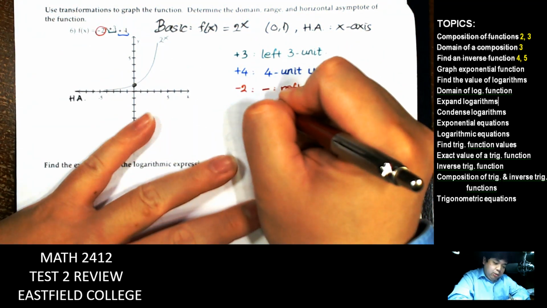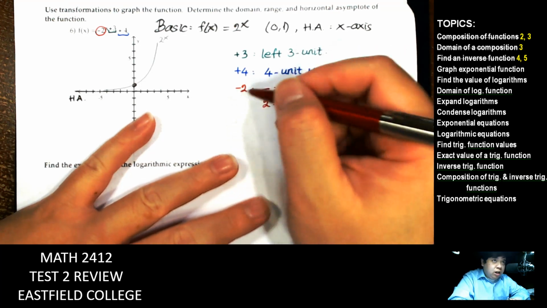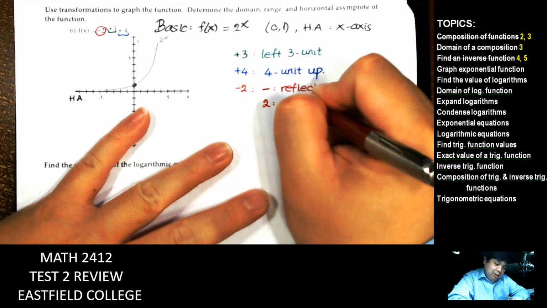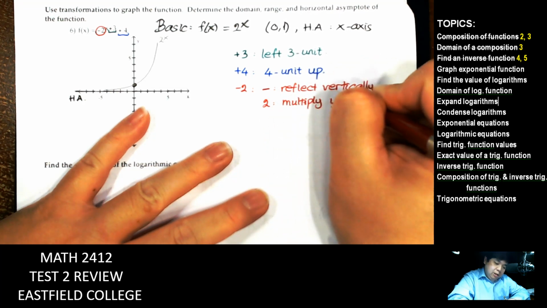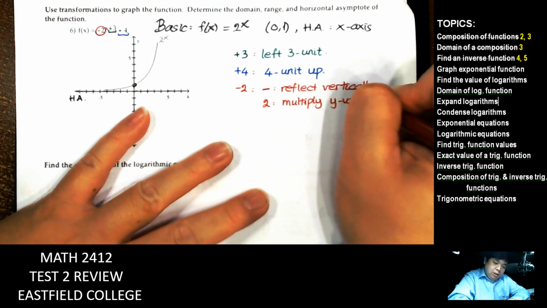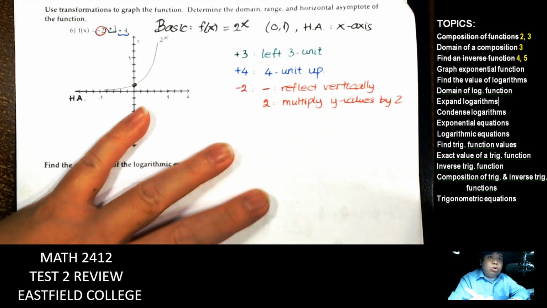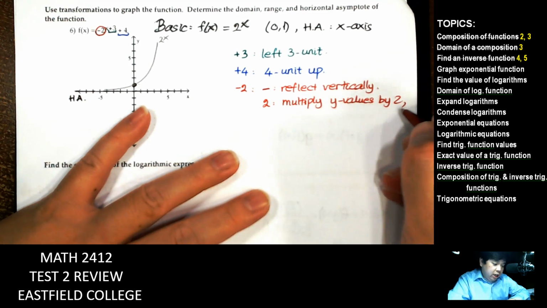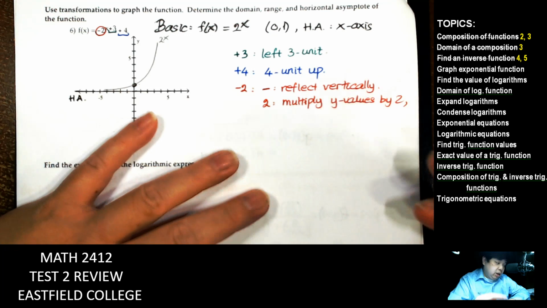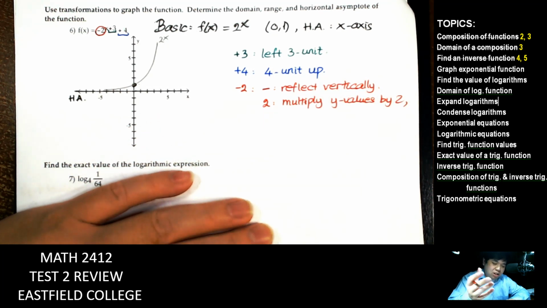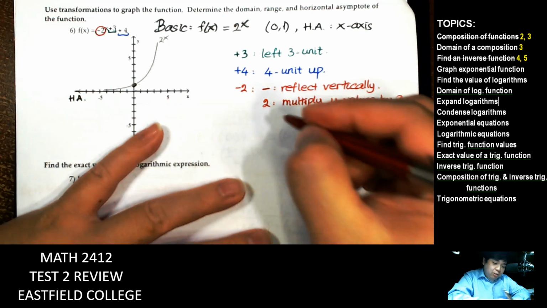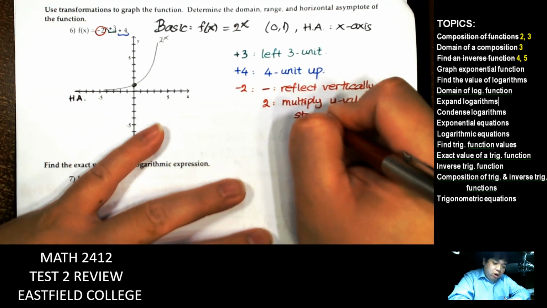And then the 2 will multiply y values by 2. If we multiply anything by 2, we're going to get the bigger number. When it's positive, multiplied by 2, we get a bigger number. Therefore, it is a stretch.